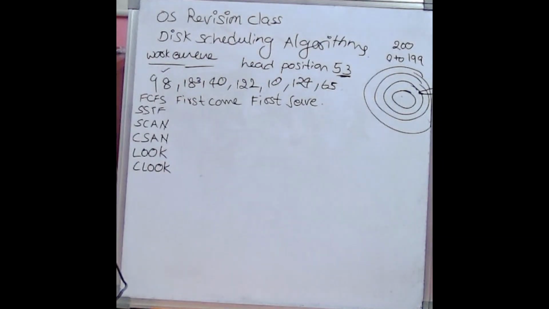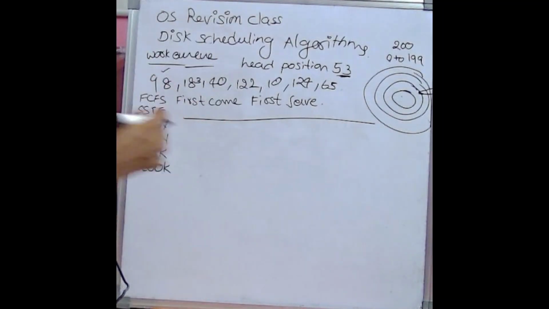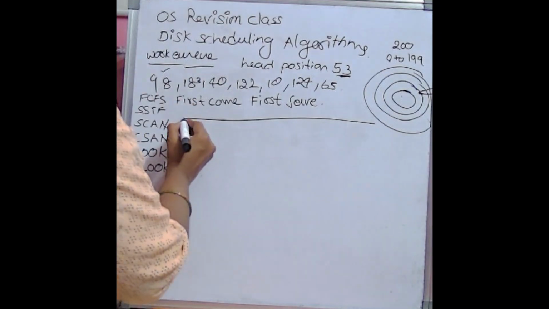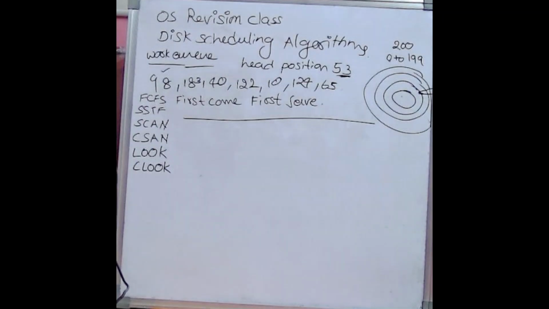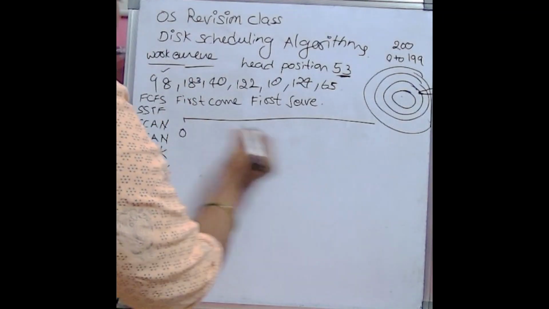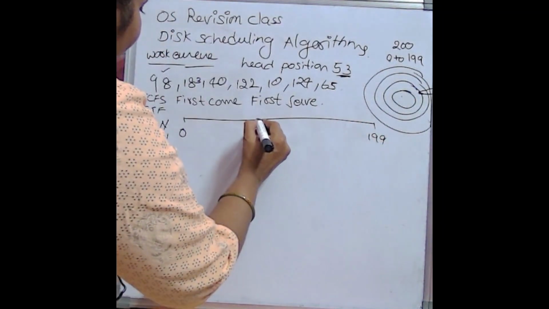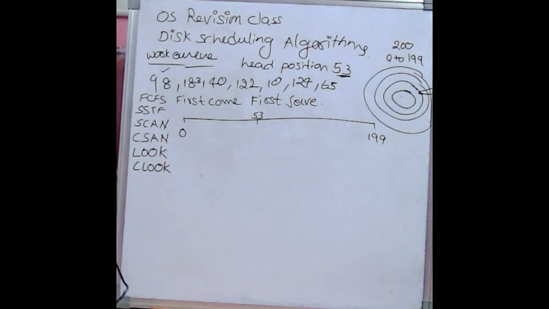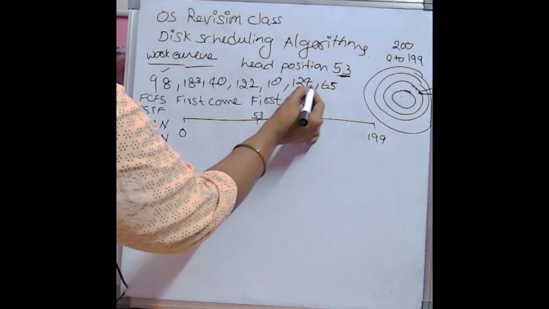To understand how many cylinders it travels, I am writing the cylinder numbers horizontally. The platter is divided into 200 cylinders, so I start with 0, end with 199, and our head position is at 53. The requests in the work queue are 98, 183, 40, 122, 10, 124, 65.